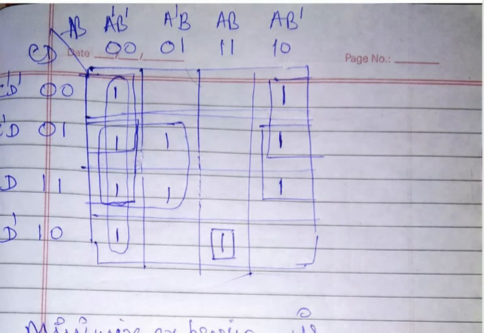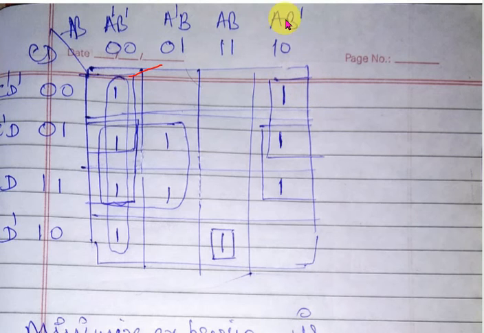Now we have considered two basic blocks. Now consider the third basic block, this one. This basic block has the terms C dash D dash and C dash D. D is the variable which occurs in itself and complemented form, so here we consider C dash.